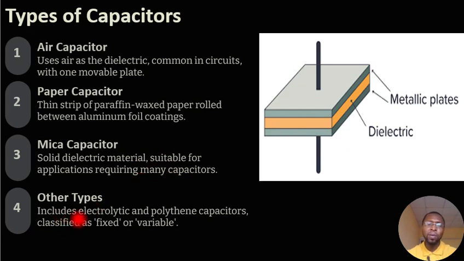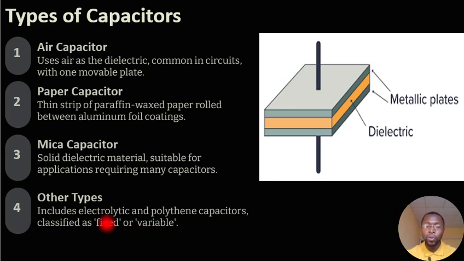And we have other types of capacitors too, based on the function. We have the variable capacitor and the fixed capacitors. The variable ones are the ones where you can change the capacitance by controlling their buttons. If you want maybe a 10 microfarad capacitor, you move just like you increase your fan from 1 to 2 to 3. That's variable.